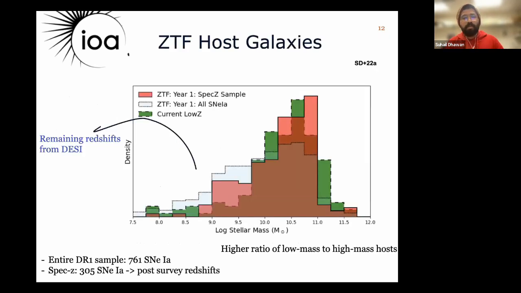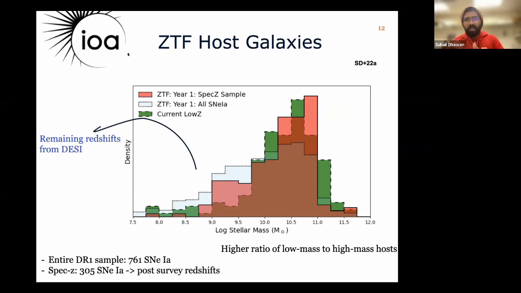In our DR1 paper, what we saw was that we already observed a sample of 761 type 1a supernovae. For context, at that time, the low redshift sample was only a couple of hundred type 1a supernovae from all other samples put together. And this is extremely important because, as we can see here, there's a large number of supernova host galaxies in the low mass regime that were previously being missed.